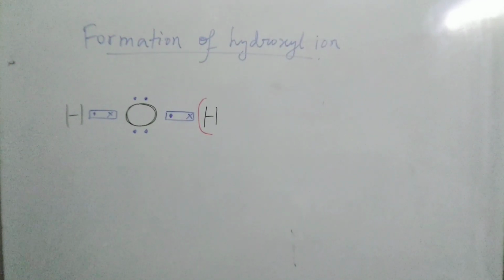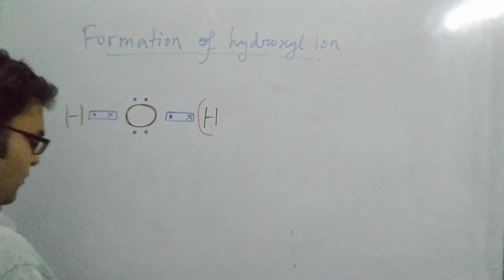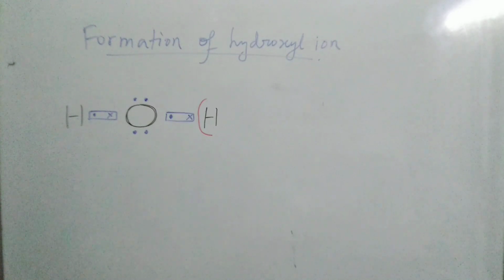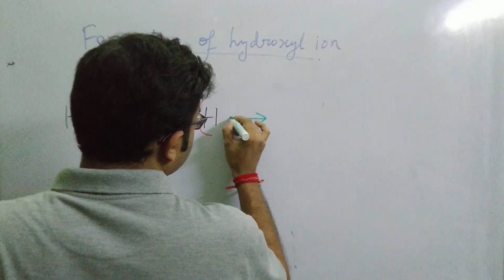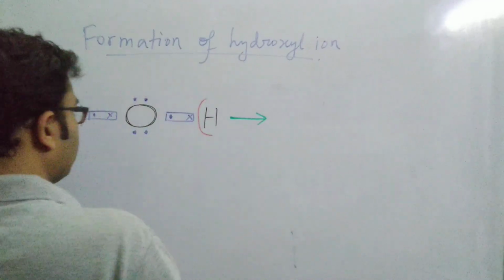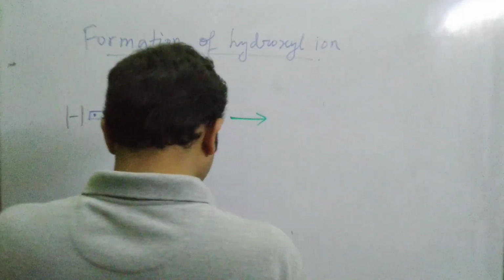Now see, when this hydrogen atom leaves this structure without taking away any electron with it, there will be one electron more in the structure, and as a result, the structure will be left with a negative charge. Excess of electrons, so negative charge. So something like this will happen.